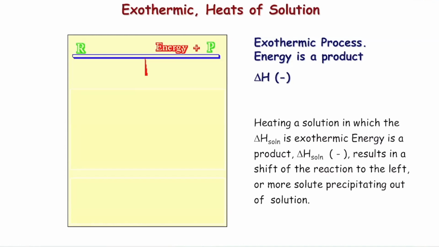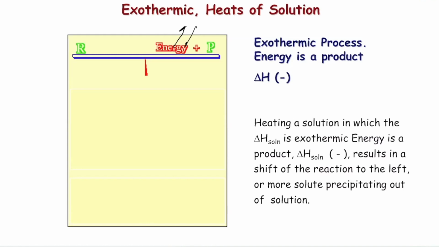So if you put energy on the product side, that means that if you add more heat, it's putting a stress on the product. The reaction should shift to the reactant side. If you remove heat, then it's like taking away from the product, and the reaction has to make up for that deficit.